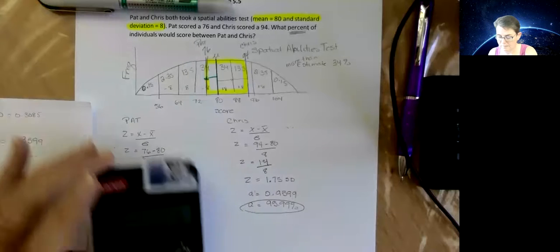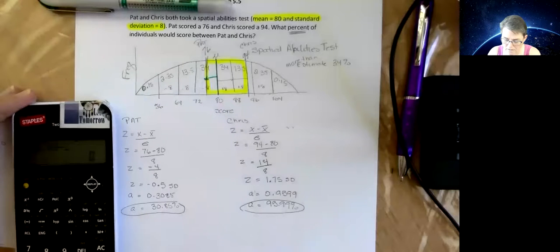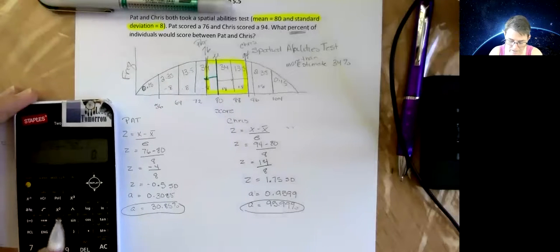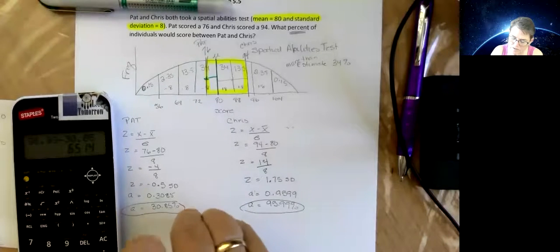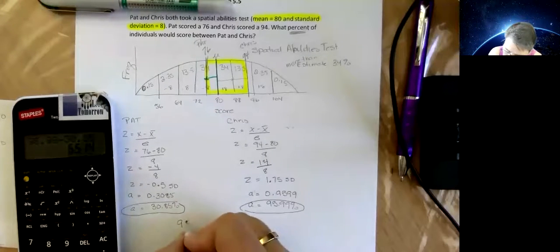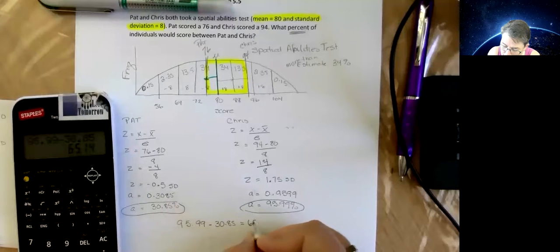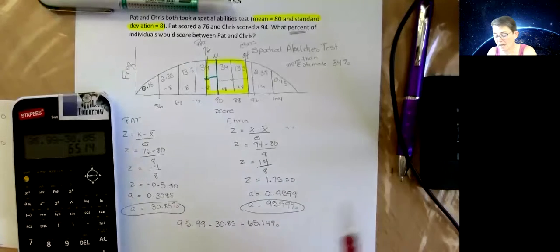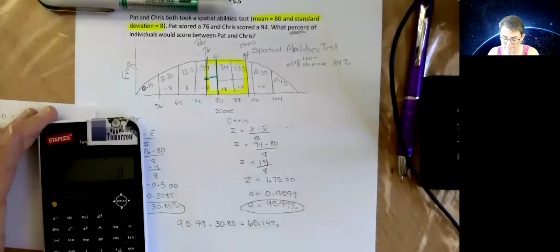So 95.99 minus 30.85. Okay, so, sorry. And the truth is, if you multiply these numbers together, you get in thousands.